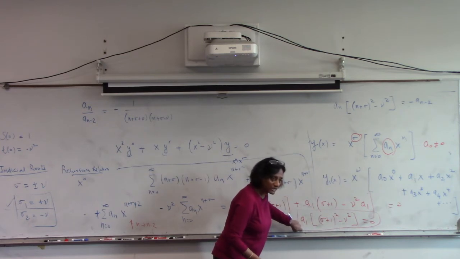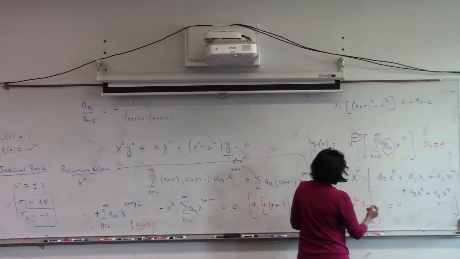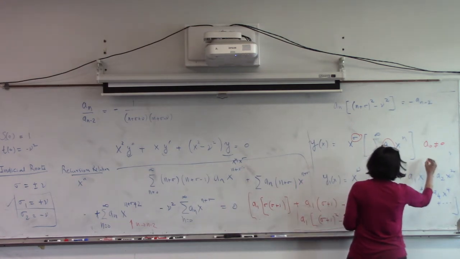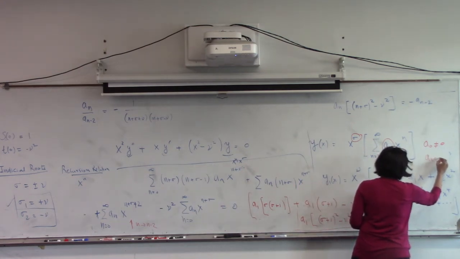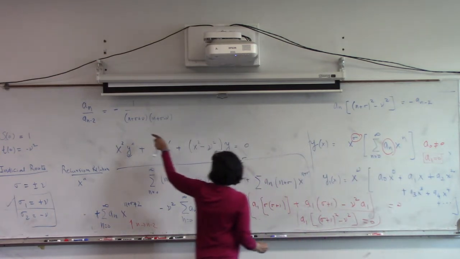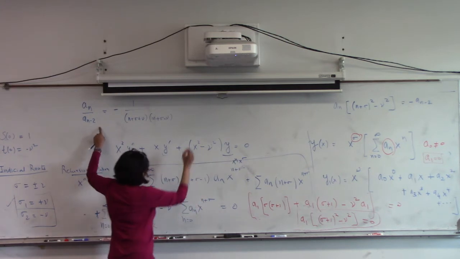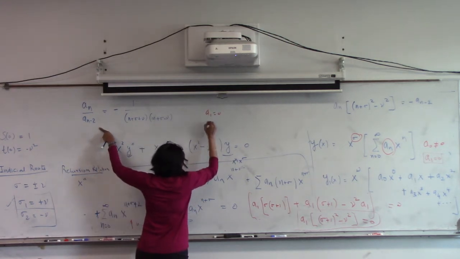So the only way to satisfy it is that A1 has to be 0. So for this differential equation, A1 has to be 0. So if A1 is 0, then I don't have to worry about A3, A5 and everything, because of the nature of the recursion relationship. So if A1 is 0, all odd terms are going to be 0.